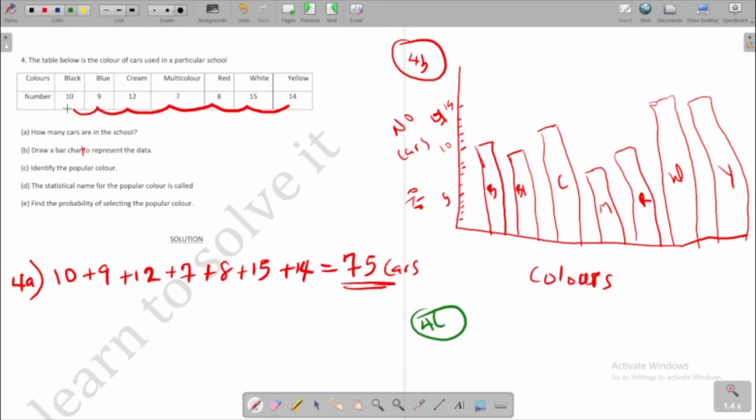In the table you have 10, 9, 12, 7, 8, 15 and 14. From the table, it is obvious that this is the highest value here. So that will be the mode. The one with the highest value is 15, I mean the white. So the white is the most popular color.